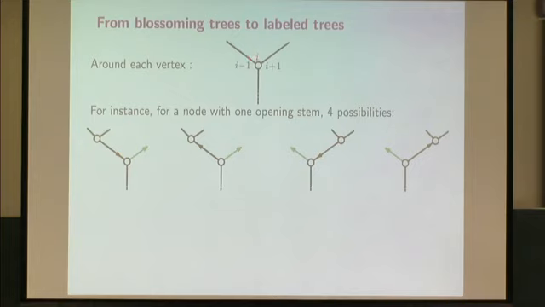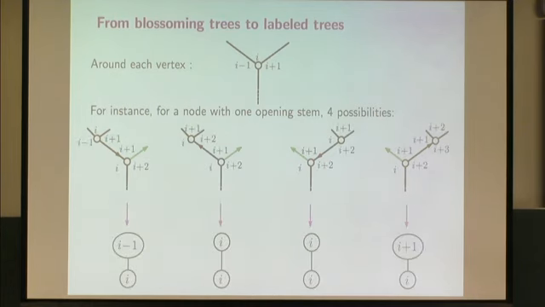For instance, if I list all the possibilities for a node of degree 1 in my original tree, you have 4 configurations, depending on whether this edge is oriented inward or outward at this vertex, and depending on whether this opening stem is on the right side or on the left side. You have to write down all the possibilities, and that gives you somehow the distribution of how the labels behave along the tree. It just takes 10 minutes.